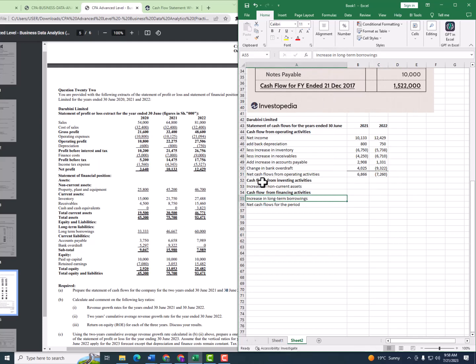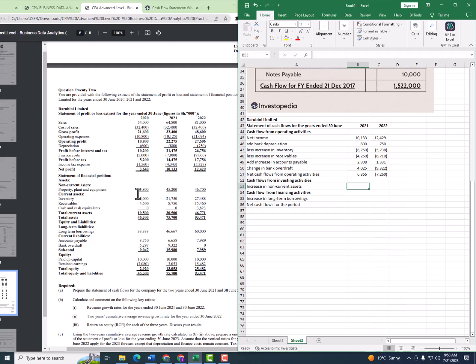Then moving on, we have cash flows from investing activities, increase in non-current assets. Now, let us look at the balance sheet. And the non-current assets were increasing. Remember, we have not been given data on accumulated depreciation, right? There is no accumulated depreciation.